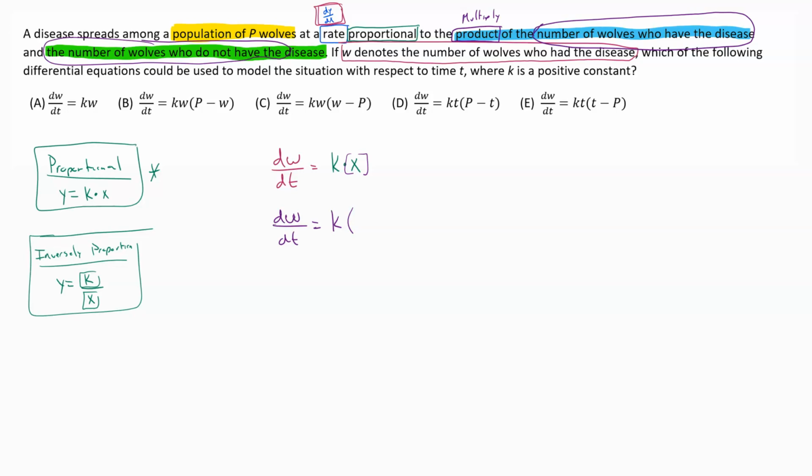The number of wolves, they told us right here, W denotes the number of wolves. So that's the number of wolves who have it. And then when we come to do the other piece, we need a formula for the number who do not have the disease. We know what our variables are. We've got P, which is the population, and we have W, which is the number of wolves who have it.